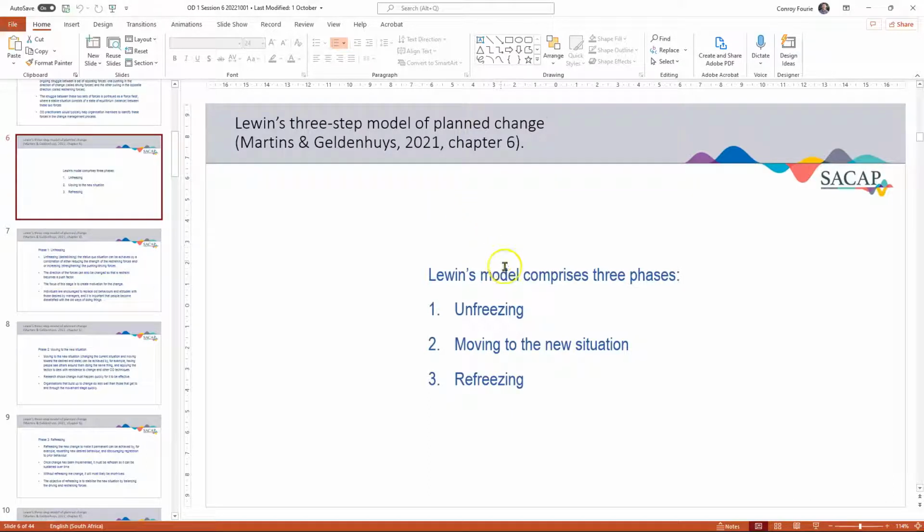If you have worked through the prescribed material, you would have seen that Lewin was one of, my words, the fathers of organizational development, and his famous model was unfreezing, moving to a new situation, and refreezing.